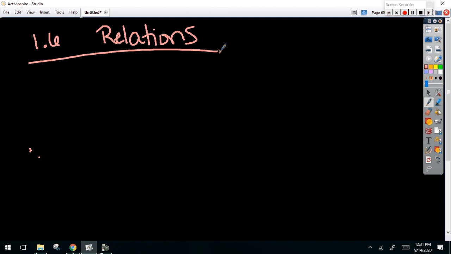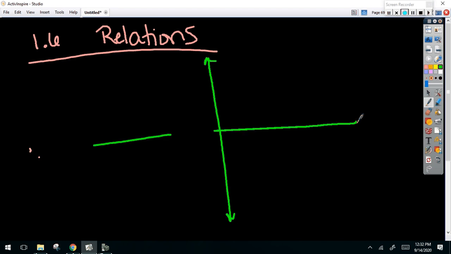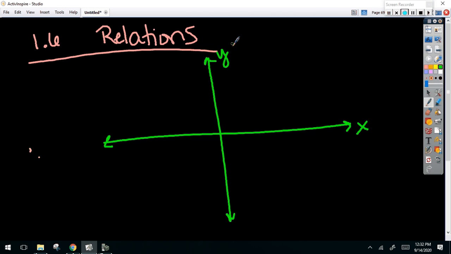All right, let's talk first about relations graphically. What is this called? Graph. Okay, give me another name. A chart. X and Y, yes.